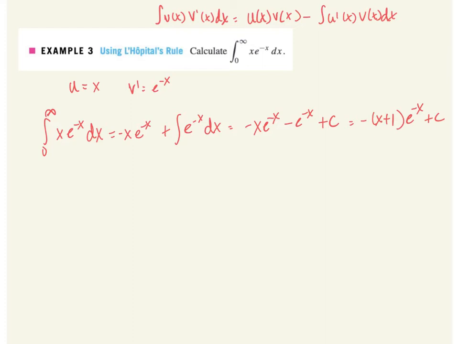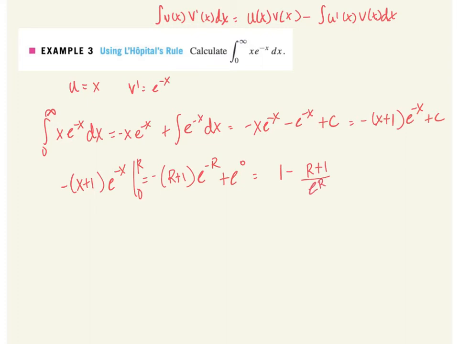Okay, so our last step, rather than having it from 0 to infinity, we can evaluate this integral from 0 to r and then take the limit as r approaches infinity. So negative quantity x plus 1 e to the negative x from 0 to r would yield negative quantity r plus 1 e to the negative r plus e to the 0. Or rewritten, 1 minus quantity r plus 1 over e to the r.